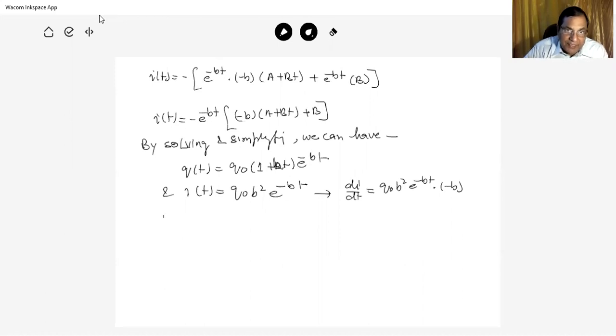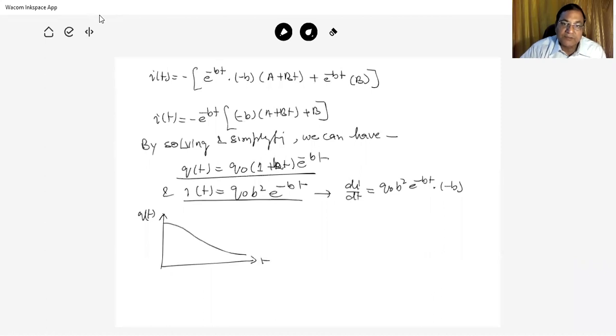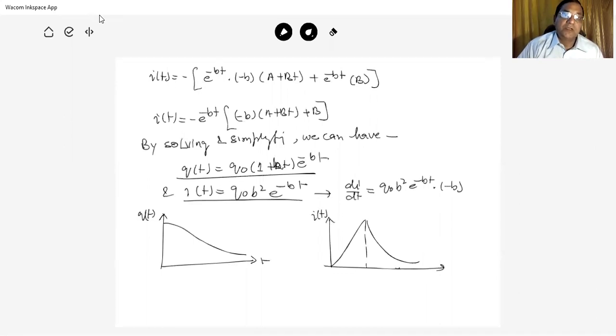तो ग्राफ क्या बनेगा इसका? You see this one is Q(t), and here it is the I(t). So this is something graph like this, t, and this graph is first here, and then this is something. So this value is discharging, continuous discharging.